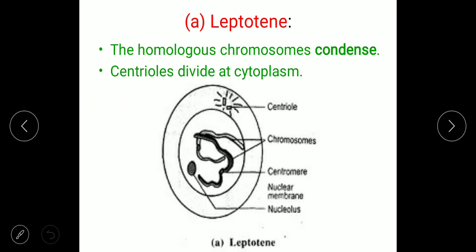Now we will discuss the leptotene phase of prophase I of meiosis-I. The homologous chromosomes condense.